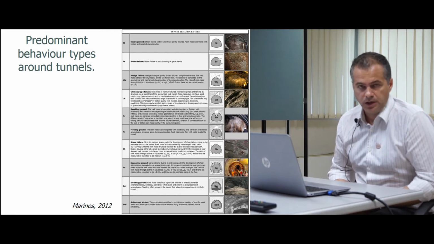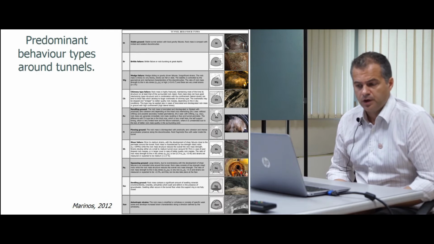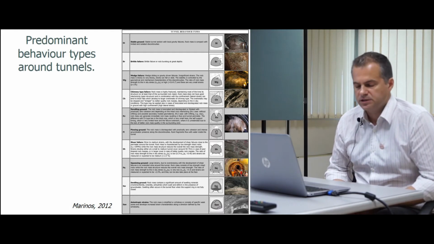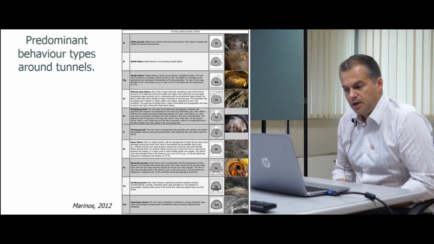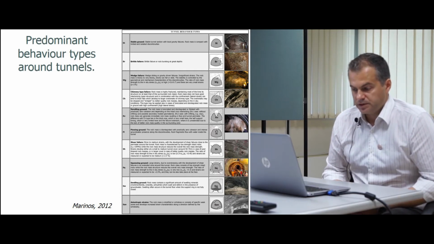The rock mass is blocky to very blocky. Blocks can fall or slide. And here the stability is controlled by the geometrical and mechanical characteristics of the discontinuities. Here the ratio of the rock mass strength to the in situ stresses is very high, larger than 0.7, and we have, again, very small strains.